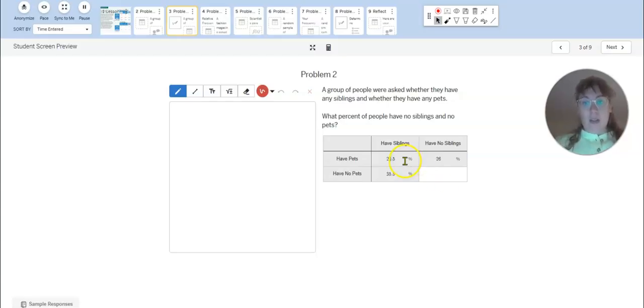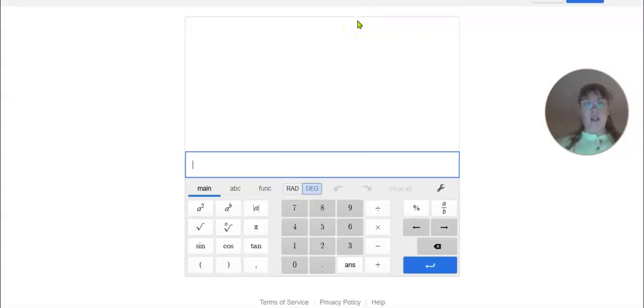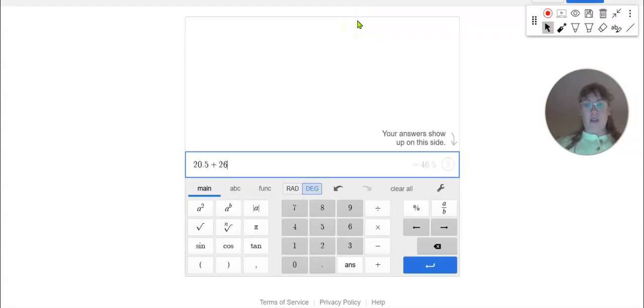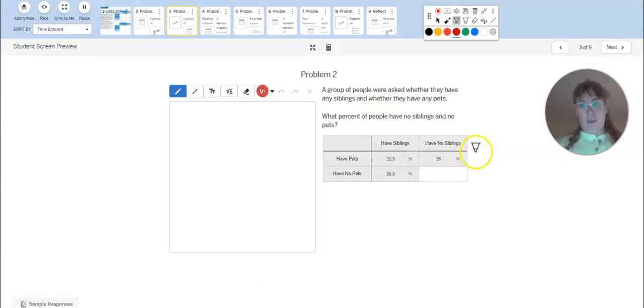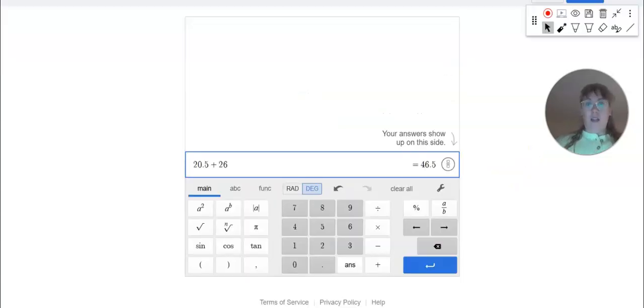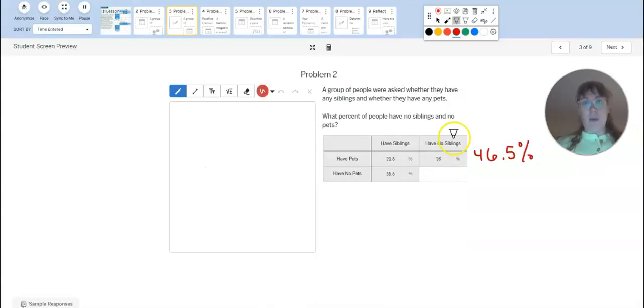So we have the total amount of people that have pets is 20.5 plus 26. Let's go to our calculator. It is 46.5 total percent of the people have pets, which means 100 minus 46.5 is 53.5 percent do not have pets.